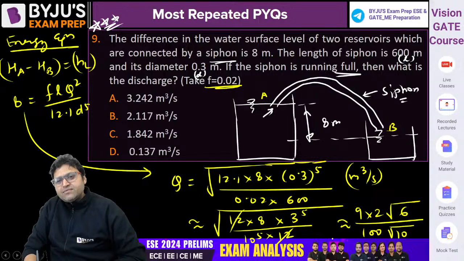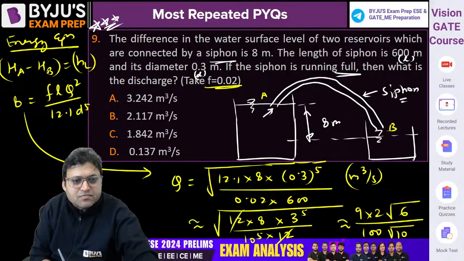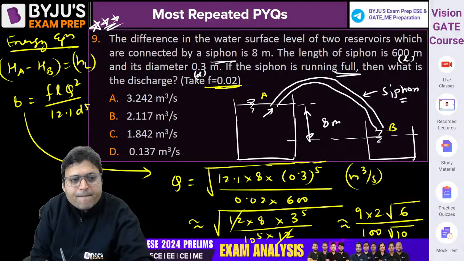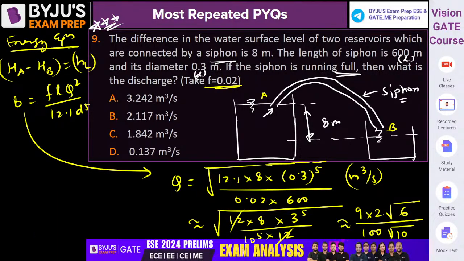Can you solve it? Let us try to solve it. So Q will be around 0.18 into under root of 6 by 10, that is 3 by 5.